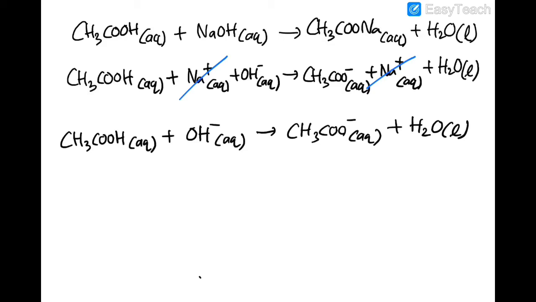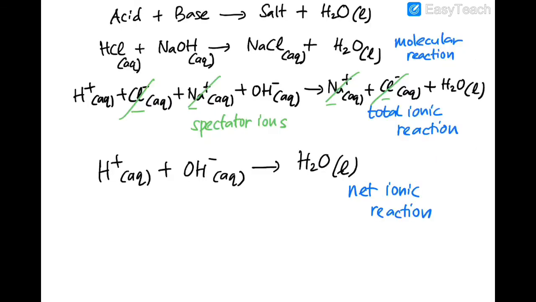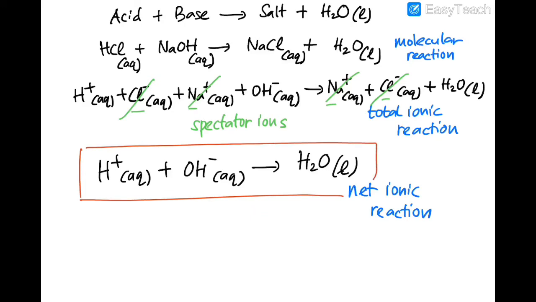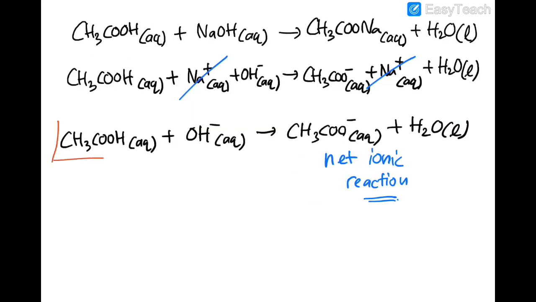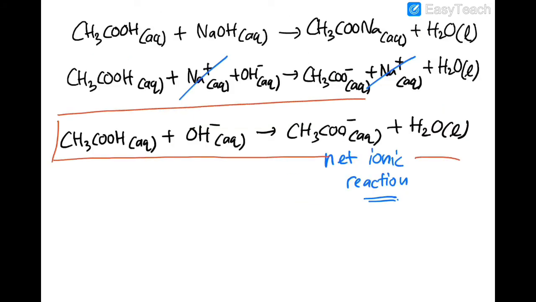So now this is what our net ionic reaction looks like. Pay attention to the difference with the one that we got from a reaction of a strong acid, strong base. Now, this is what it looks like if we have instead a weak acid plus strong base.